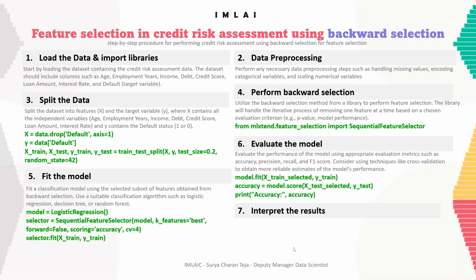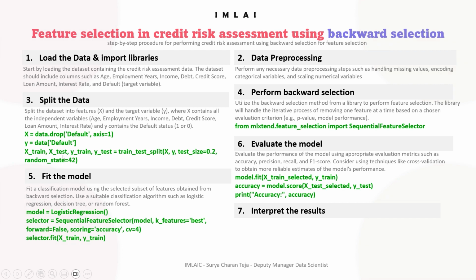And final step, interpret the results: analyze the selected features and their corresponding coefficients or importance scores from the model. So identifying the critical factors or features that contribute most significantly to the prediction of credit default. So that's what is our data set.